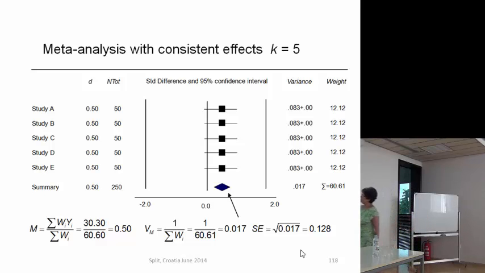We can also then compute the variance around the mean and the standard error around the mean, and then we will have the mean for the summary and the standard error for the summary.